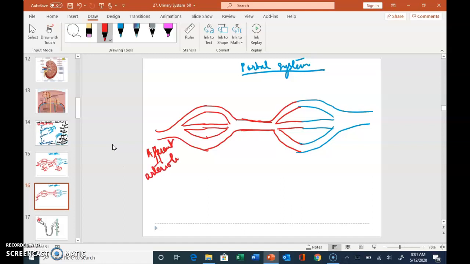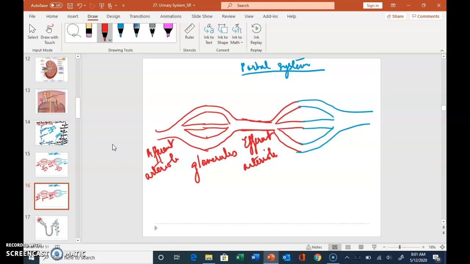The afferent arteriole divides to form the first capillary bed. In case of the kidneys, it's a glomerulus. The glomerulus then forms a portal vessel called the efferent arteriole.